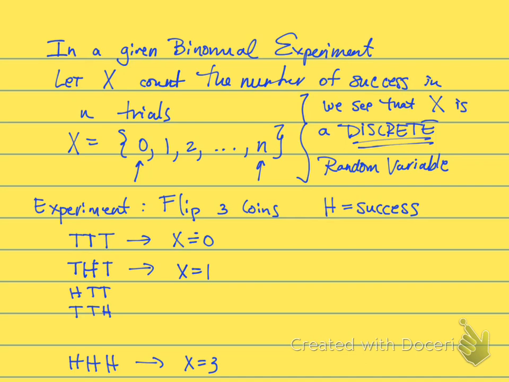When we have a discrete random variable, we want to be able to find the probability mass function, or the PMF. We want to be able to find the expectation of that random variable. We want to be able to find the variance of that random variable.